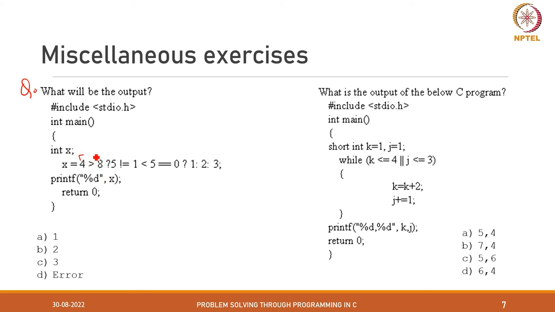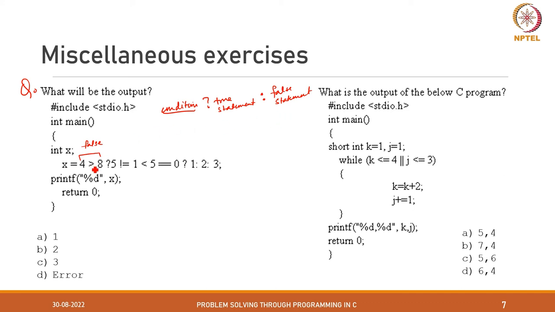This first condition here is a false condition, right? A ternary operation is basically you write the condition, put a question mark, and then the true statement. If it is true, it will take this statement, or if it is false, it will take the statement after the colon.